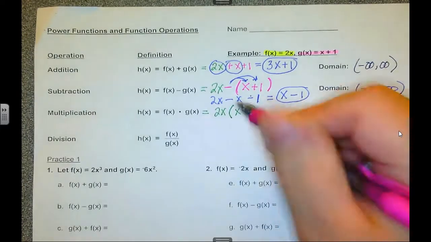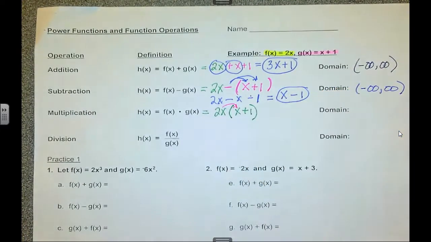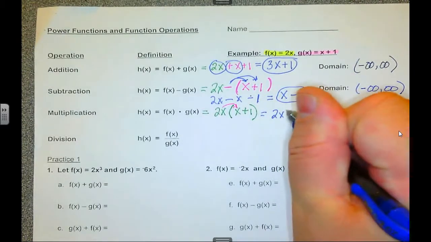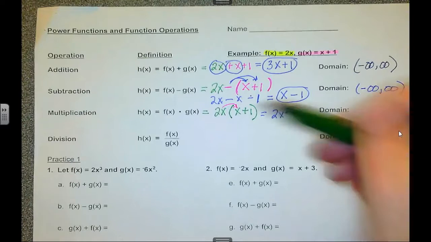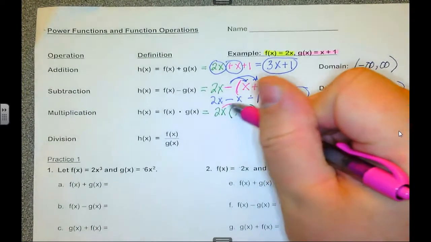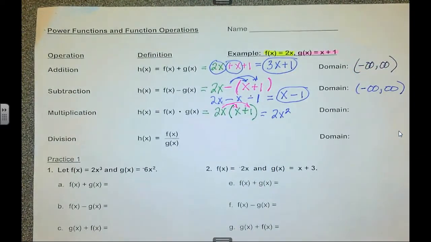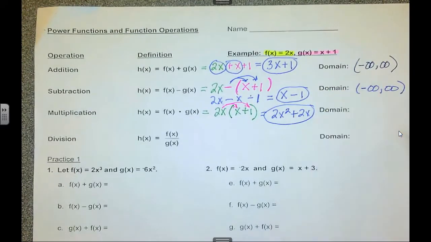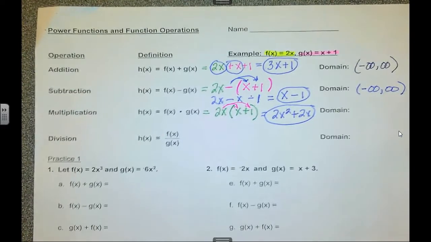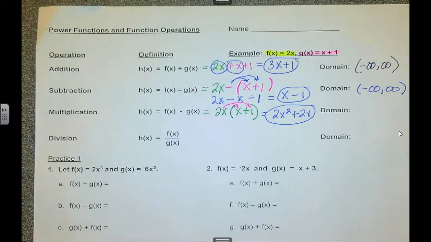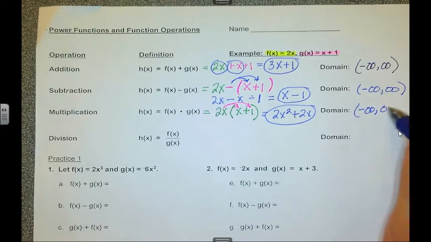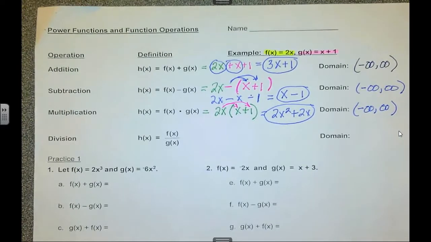I still have to distribute. 2x squared, and distribute 2x times 1. 2x. This is a function. What kind of function is this? It's quadratic. It's a parabola.